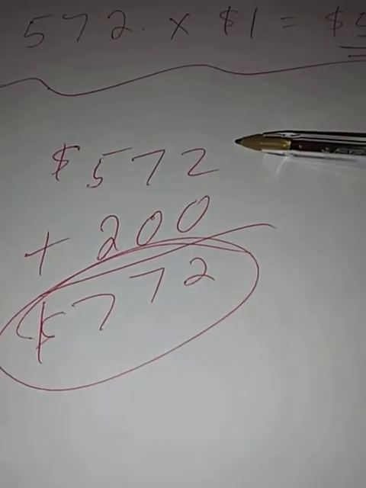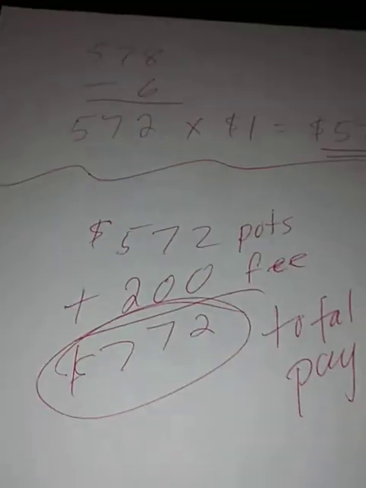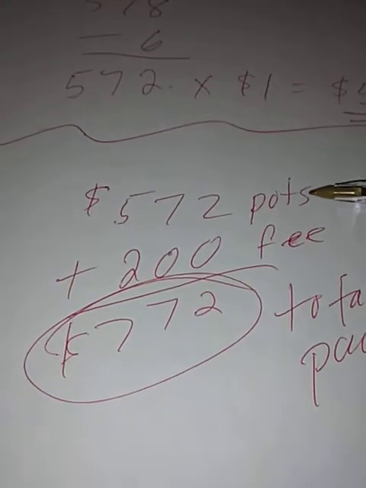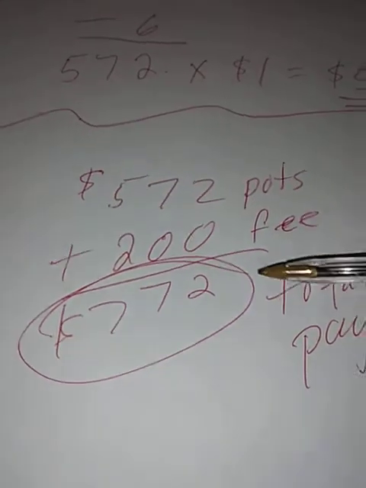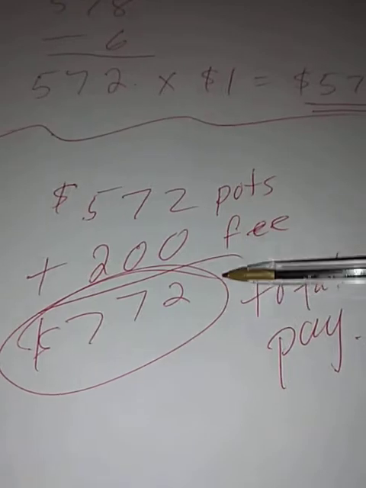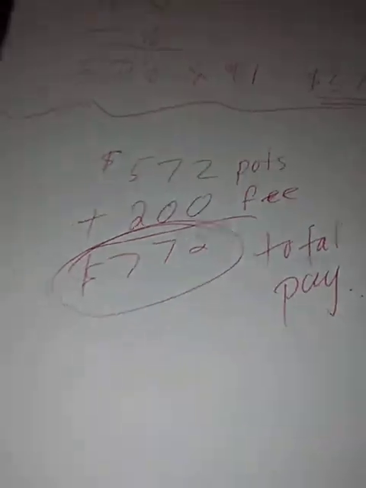These are the pots delivered. This is the fee, right? And this is your total pay for the job. So they get 572, they get $200 fee, plus, now you get your total pay for the job, $772. All right, that's number 2.